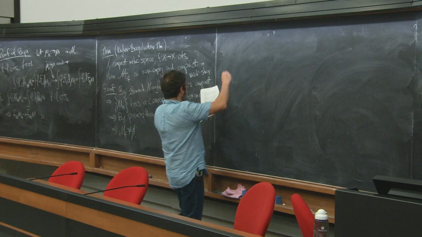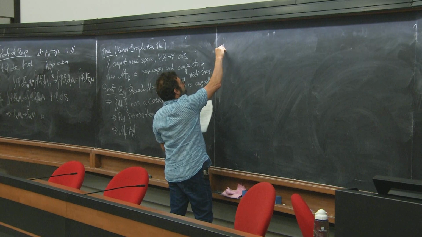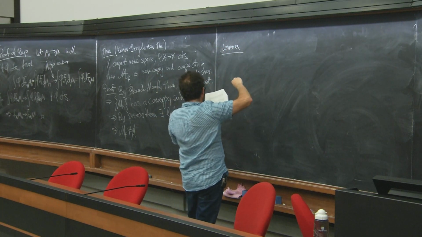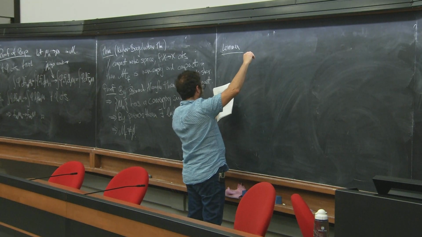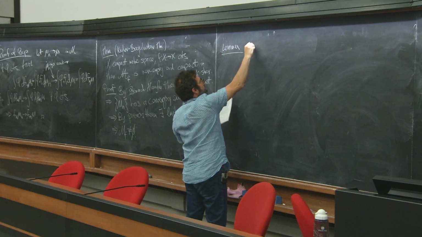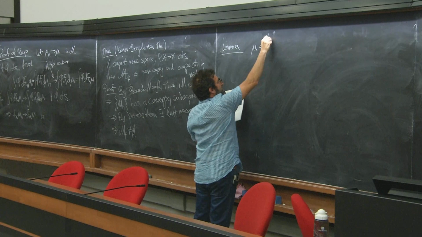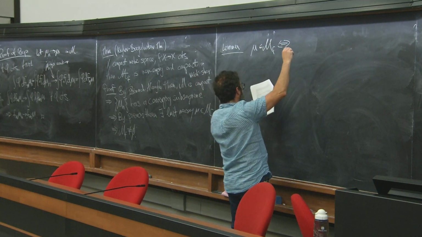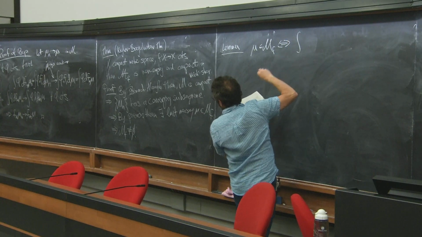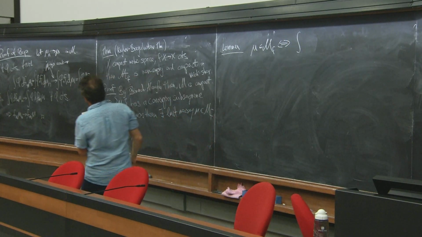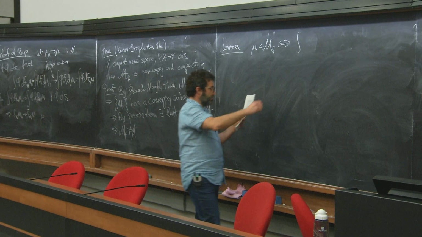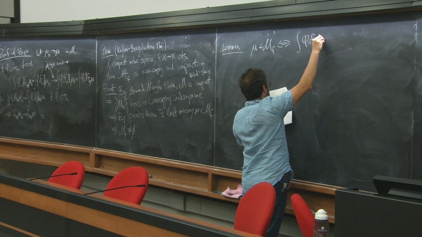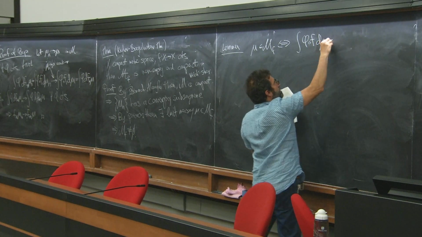Now to show compactness, we have a simple lemma. It says that mu is invariant if and only if the integral of phi composed with f d mu equals the integral of phi d mu. Okay, it's basically a corollary of what we had before.